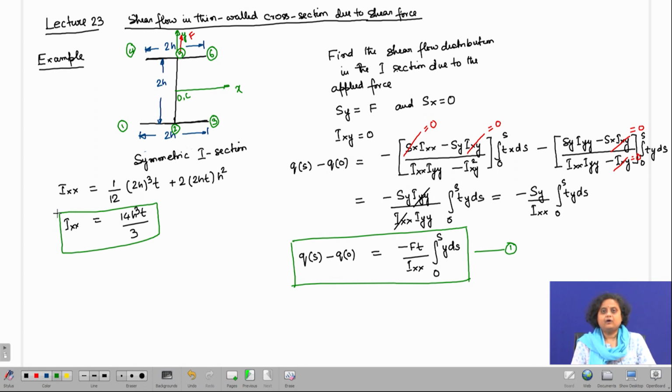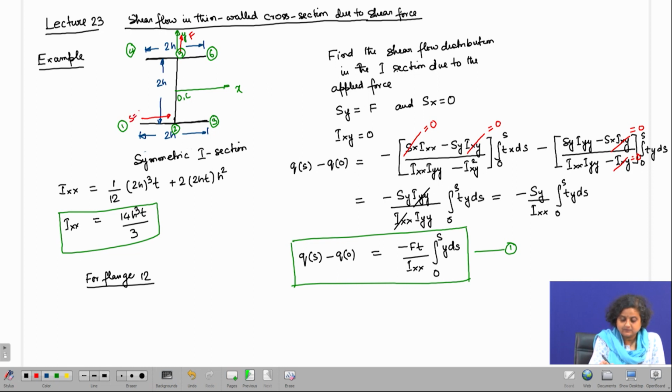So, the next step is to find out qs and find out the distribution of the shear flow in the cross section. Let us start with flange 1 2. For flange 1 2 we are moving in this direction.